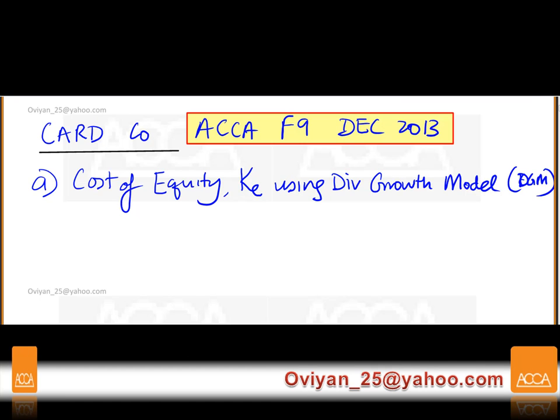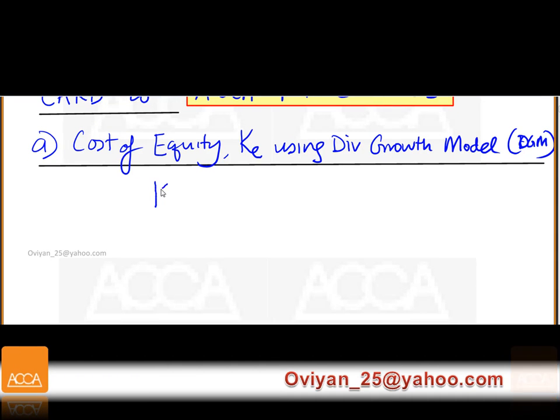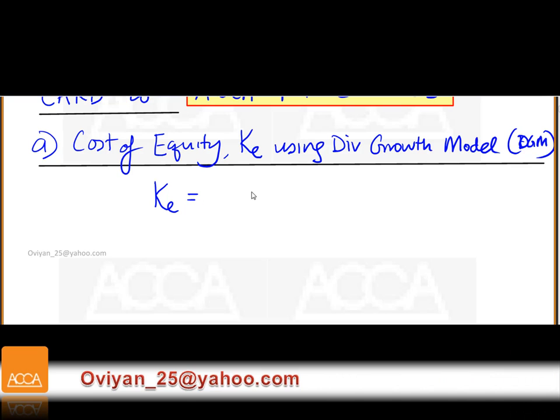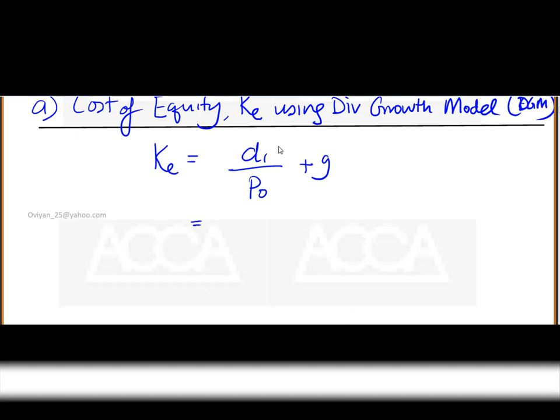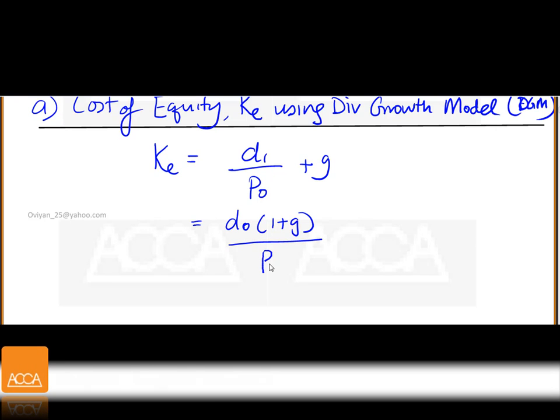Okay, now what we are going to do is I'm going to write the formula. Make sure you write the formulas. It is D1 over P0 plus g. D1 is simply D0 (1 plus g) over P0 plus g.